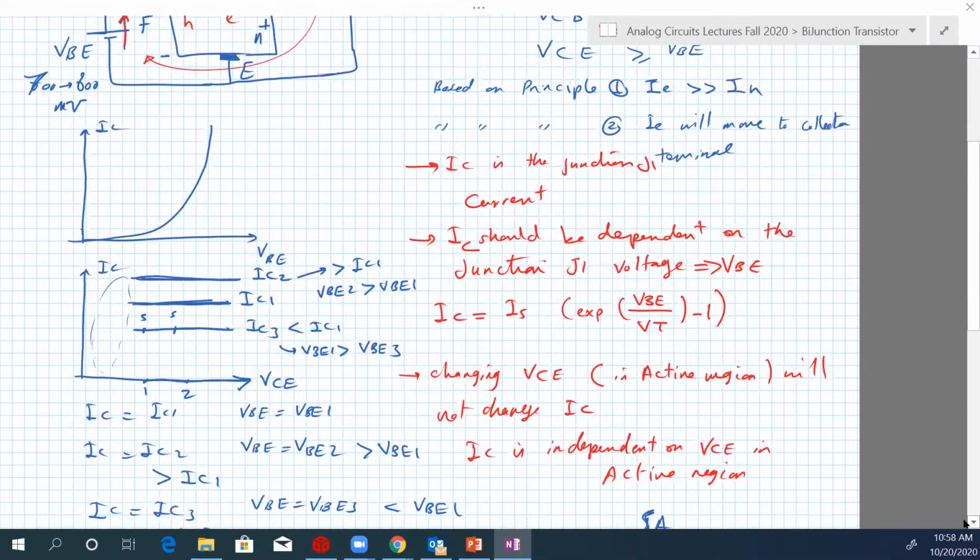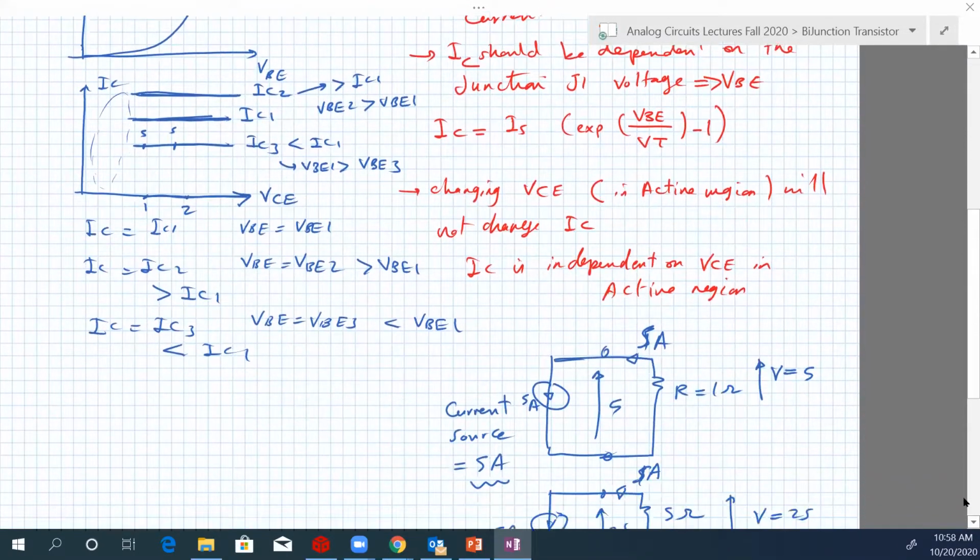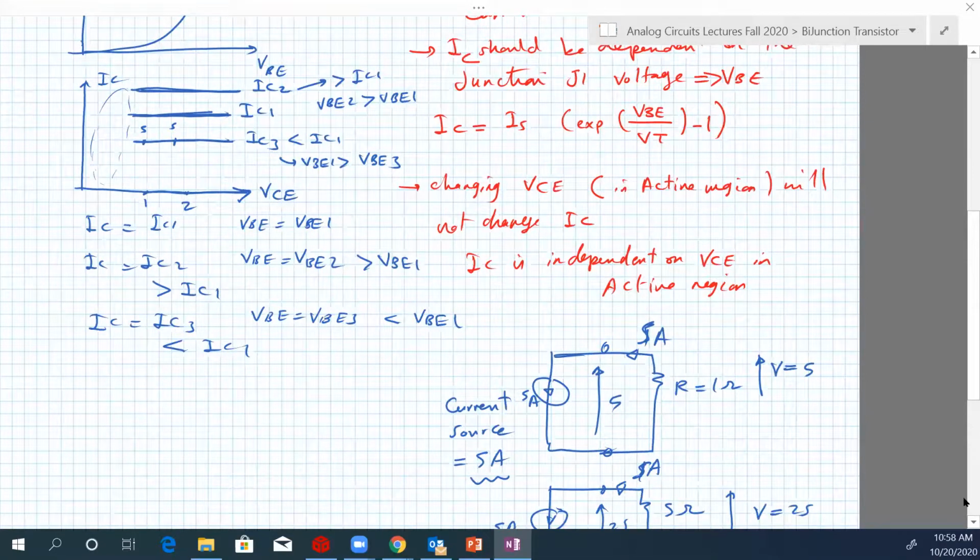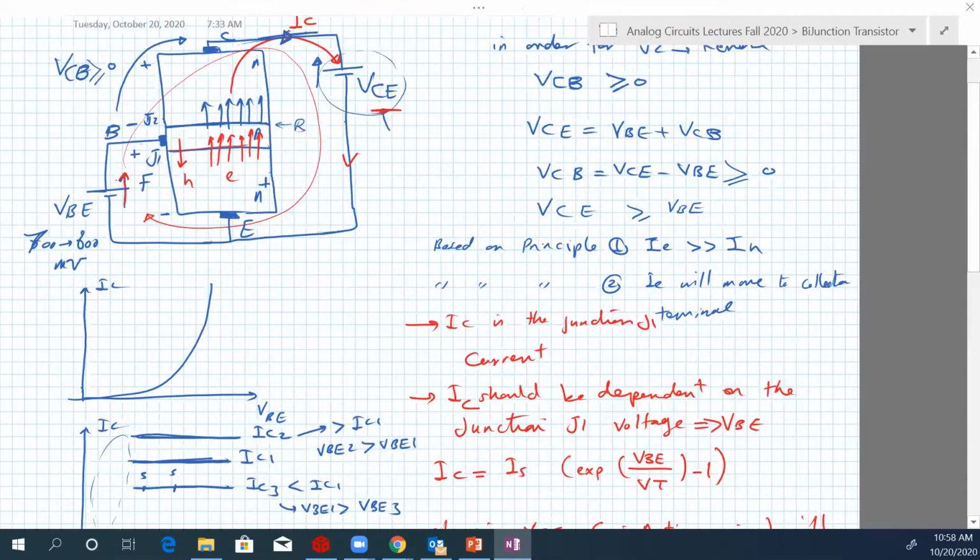One last thing to mention here. So the first conclusion is that we can build a circuit that can behave as a voltage dependent current source. This current is IC, the collector current, and it's dependent on VBE, okay? And if you see here, IC is here and VBE is here.